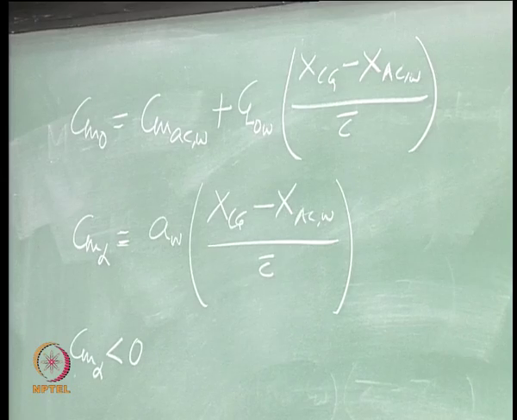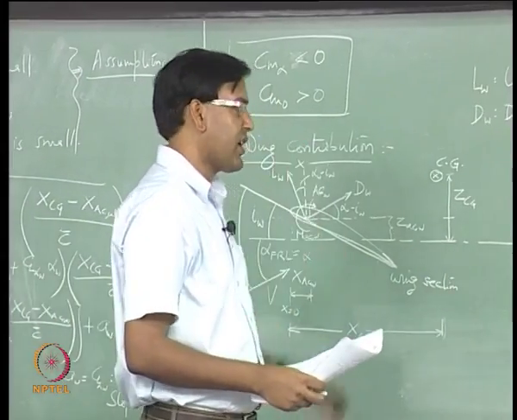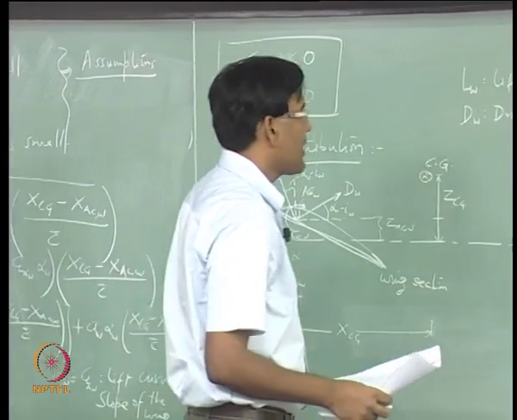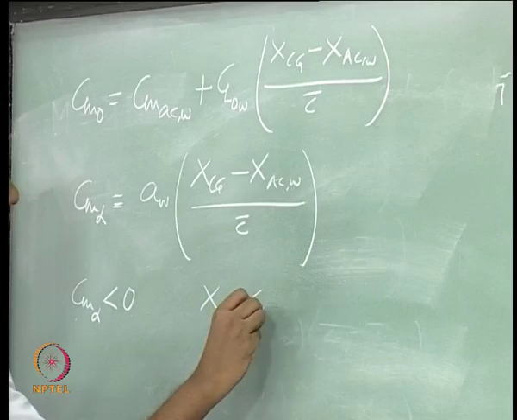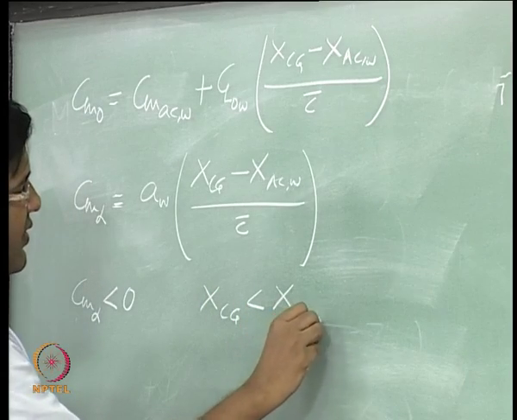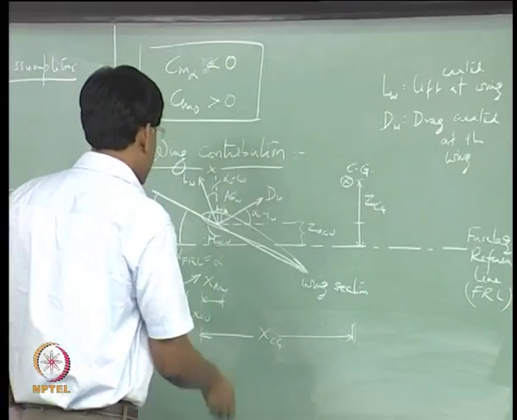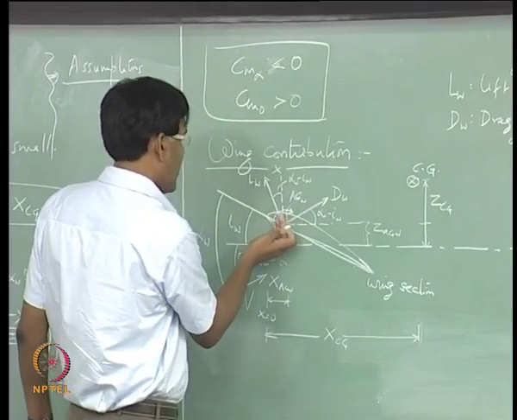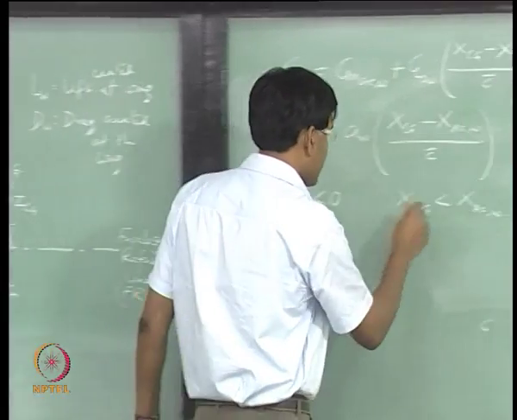for this kind of configuration where we have nothing else on the aircraft but the wing, XCG must lie ahead of the x, the location of the aerodynamic center. So, CG must lie before the aerodynamic center for stability.